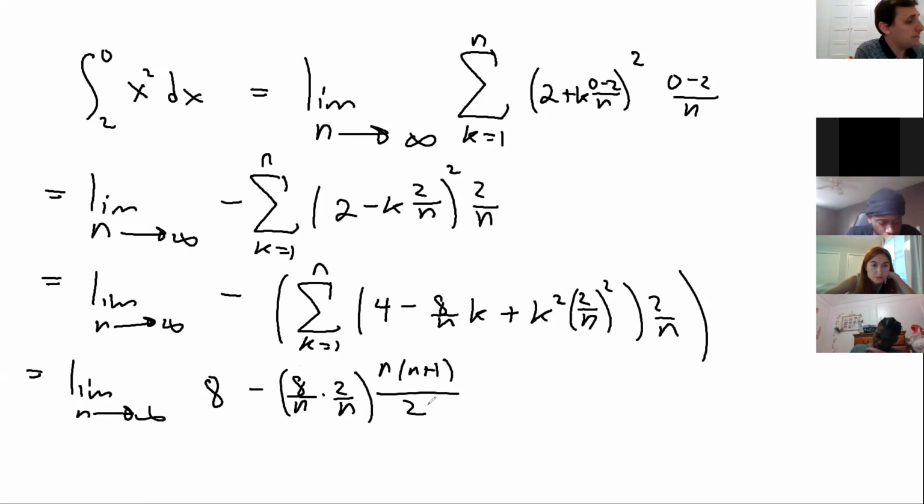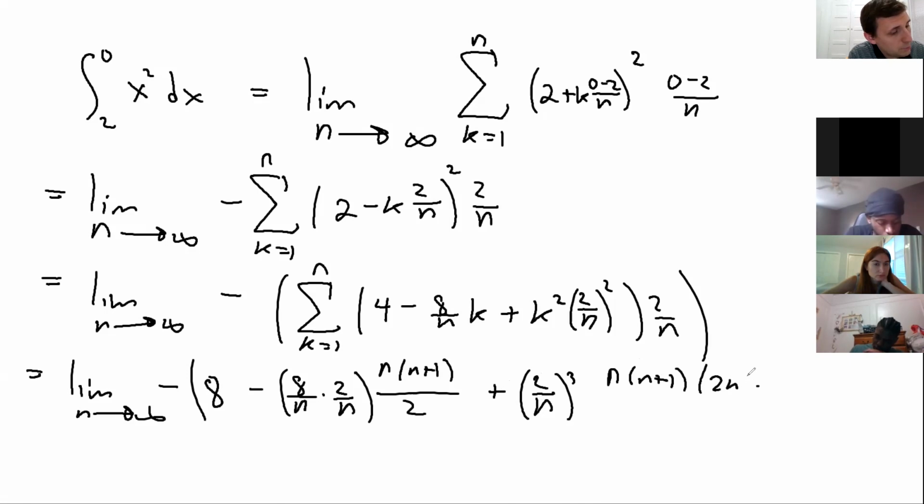And then there's a minus outside here, right? And then what do we have here with the k squared? It's going to be 2 over n, so plus 2 over n cubed. K squared is n plus 1, 2n plus 1 divided by 6.